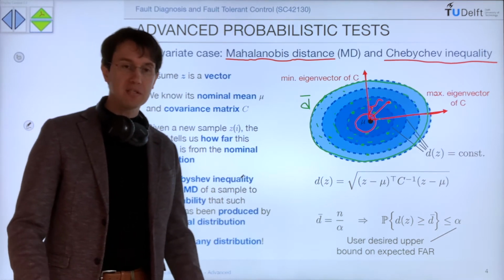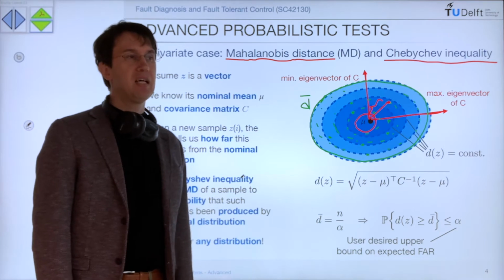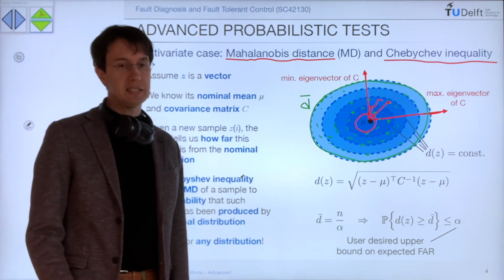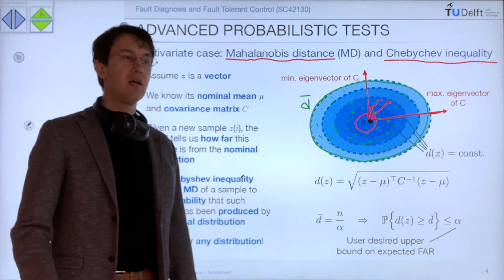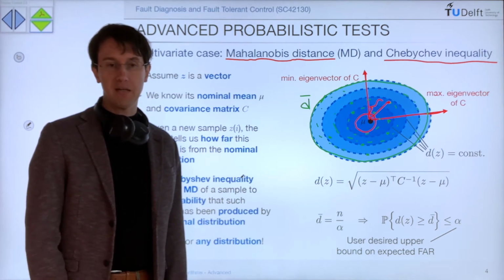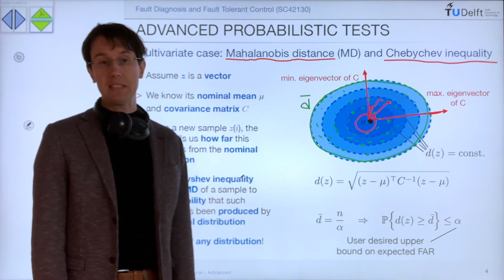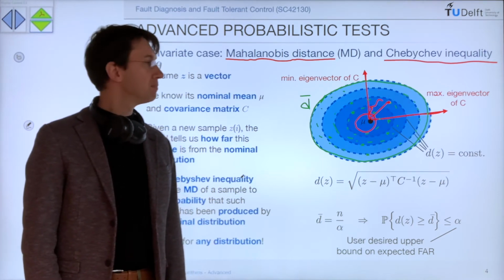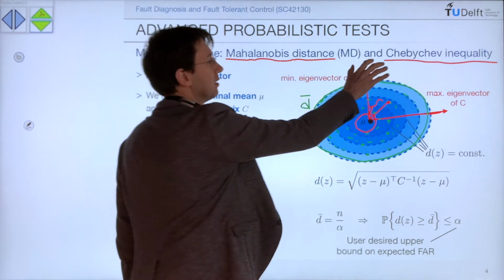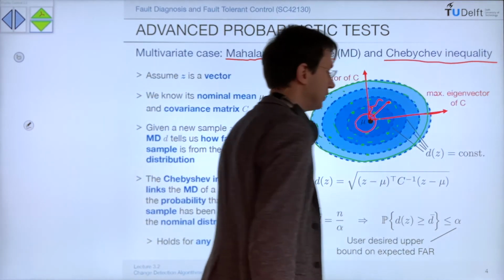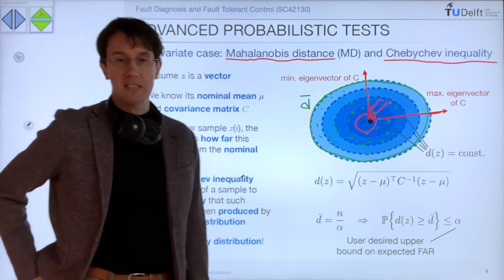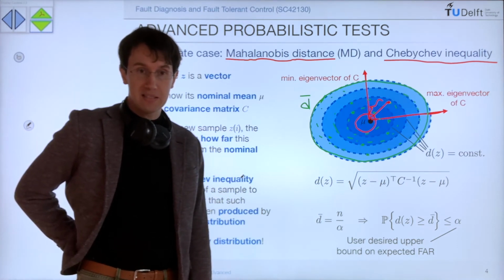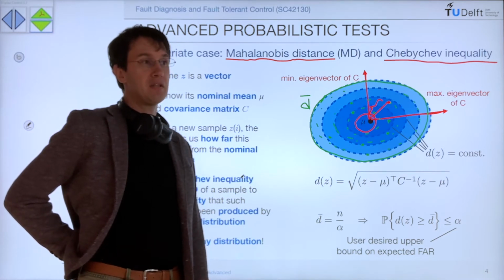So without knowing the PDF. In the tests that we have seen in the previous lecture, the t-student, the chi-squared, the F-test, we assumed to have the PDF and then also the CDF. And the threshold was based on the CDF. In this case, we don't even need to know that. We just need to know the nominal mean and the nominal variance of the random variable Z.